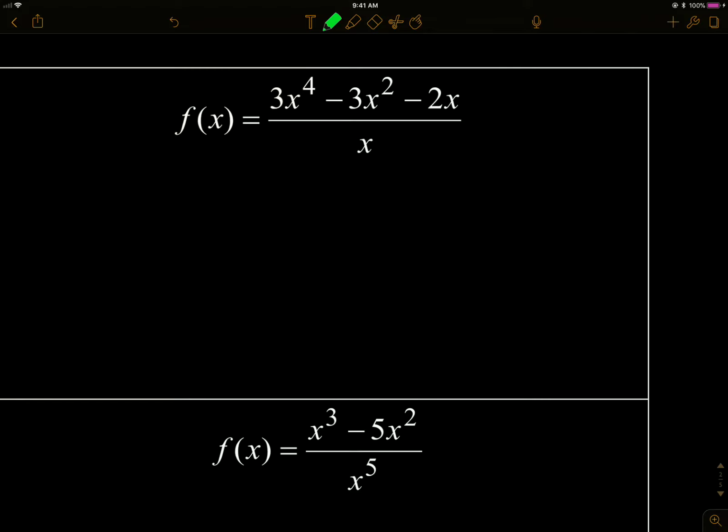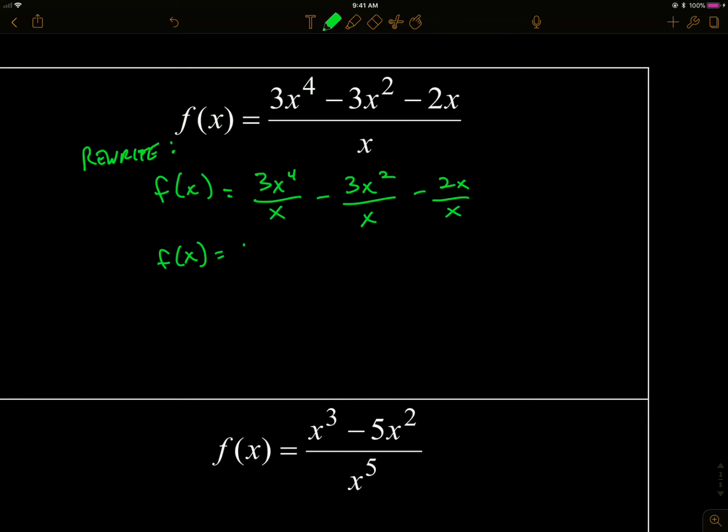Okay, how do we simplify this thing? First, we want to do a rewrite because, again, we can't have the x in the denominator. So we rewrite it. There's a couple ways you could think about this. I like doing this: I can decompose that addition of fractions like we've done before, and then simplify each term.